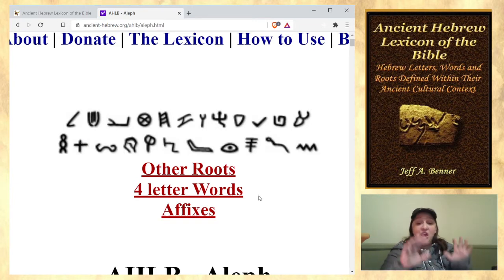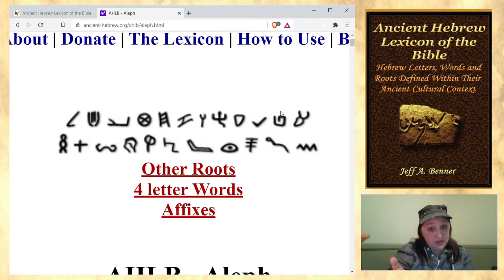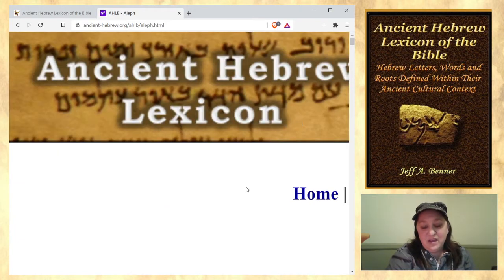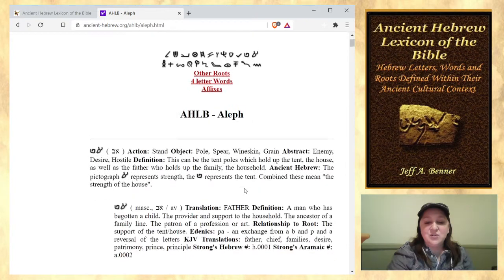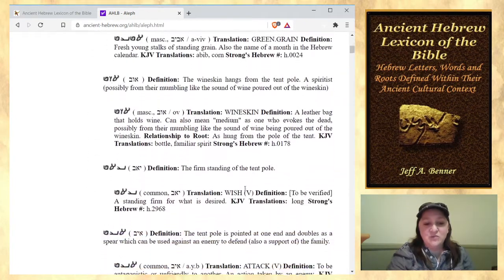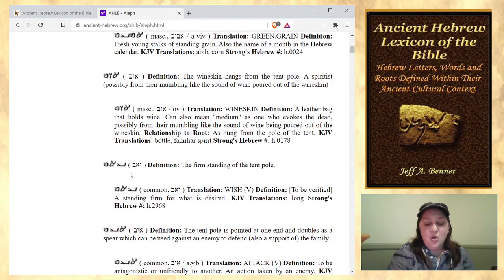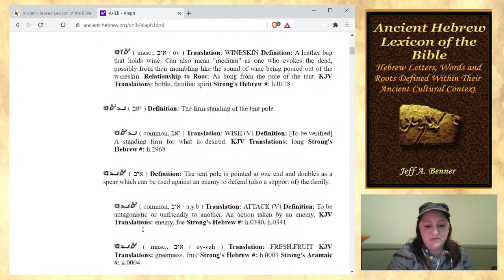So now what you can do is use this as a way to search for words. So say we want to find all the words that start with the Hebrew letter Aleph, which is the first letter of the Hebrew alphabet. We can just click on the Aleph, and then it's going to show a bunch of words that start with Aleph.